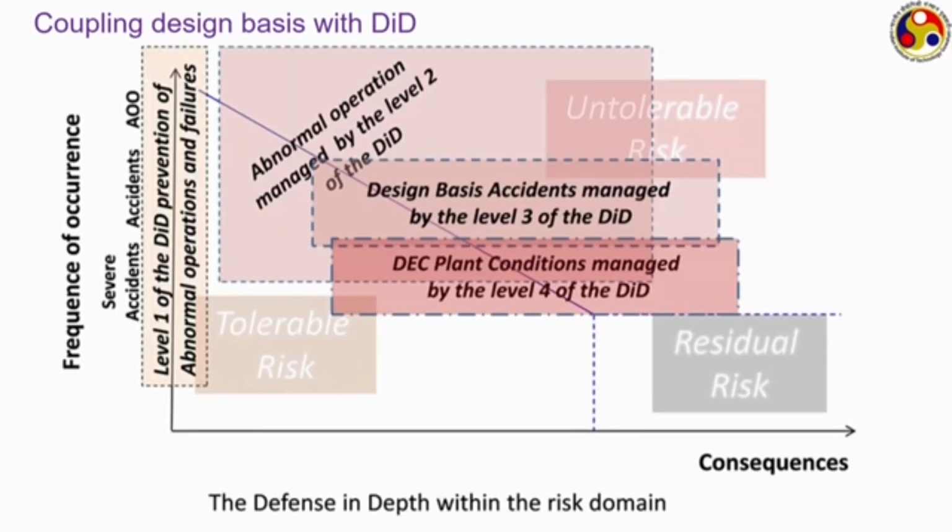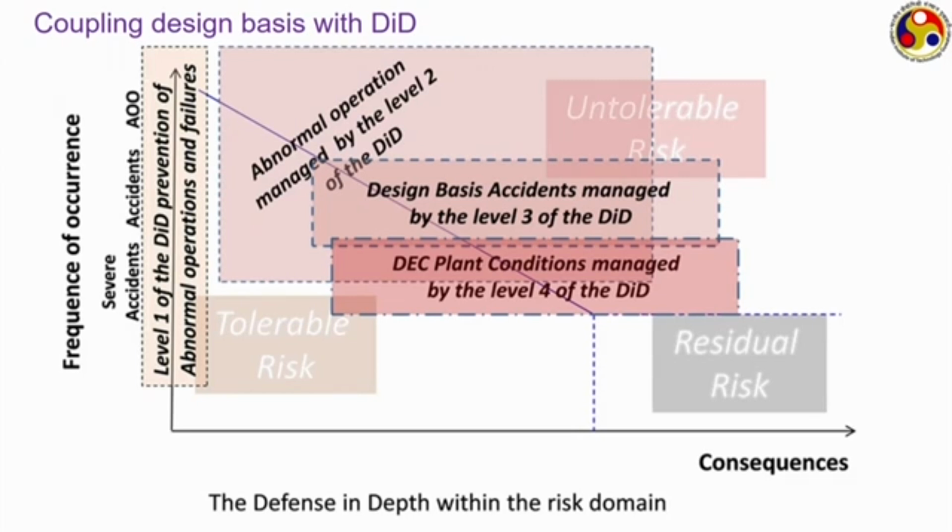If we couple this design basis with the defense in depth, then you will find level 1 is for normal operation, and abnormal operation and failures are generally managed by level 2. Abnormal operation here means AOO. AOO refers to only minor violations from normal operating conditions which are always expected during the life of the plant, and they are generally taken care of by level 2.